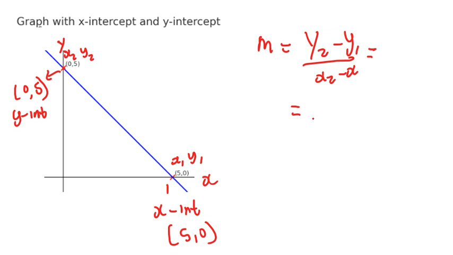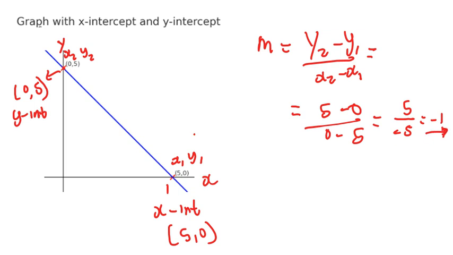So my y2 is 5, my y1 is 0, my x2 is 0, minus, my x1 is 5. 5 minus 0 is 5. 0 minus 5 is negative 5, which gives you negative 1.